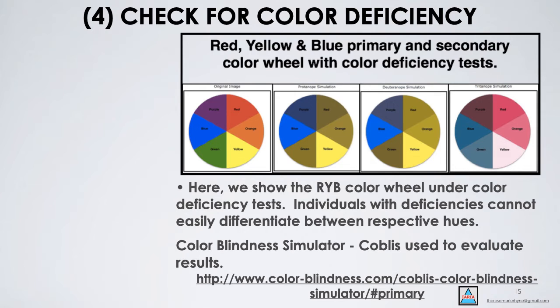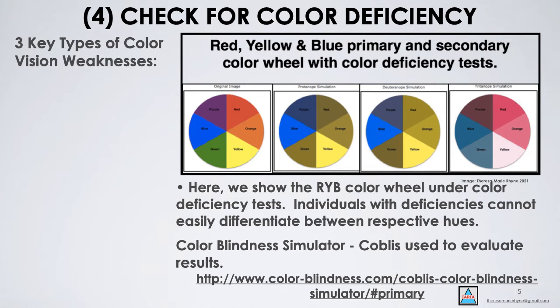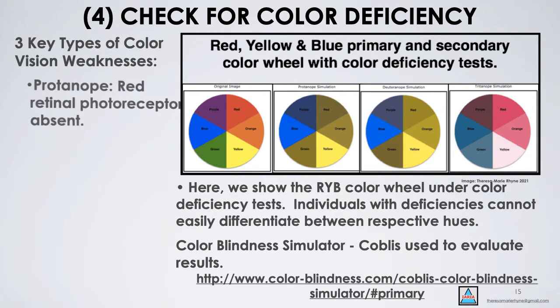Now, there's one little problem I talked about, item number 4 in building a color scheme, and that is color deficiency. It turns out that there are a few people in the world whose eyes see color a little differently than people with normal color vision. Their red photoreceptor is absent. Now, it's not like being on a cell phone, where the red display just doesn't work. It's a little more complicated.